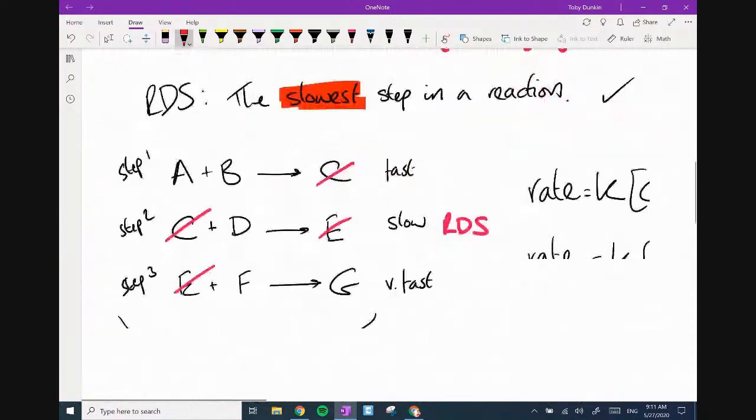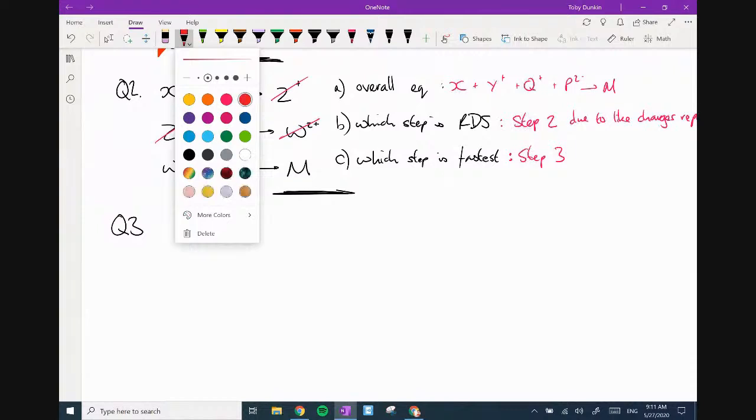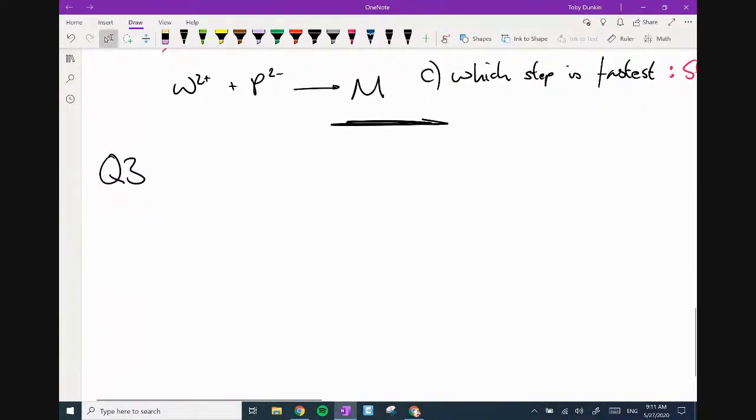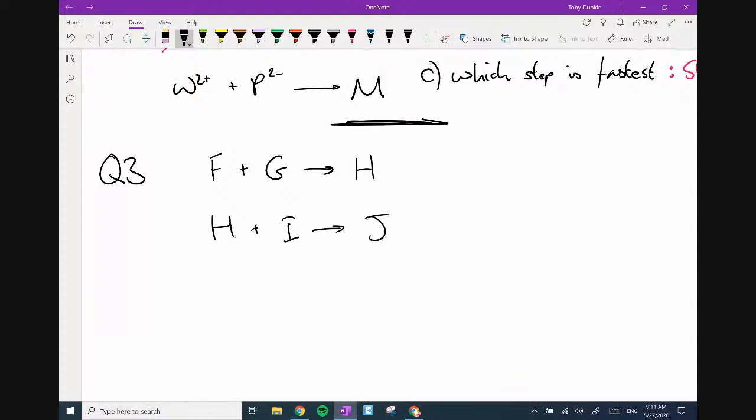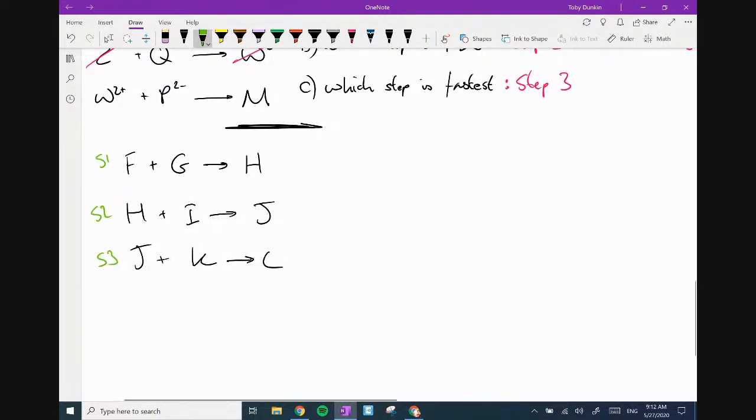Okay, so now we need to do a slightly more complicated one. We now need to go back to one that charges don't apply to. So if I now have, I don't know, F plus G goes to H, H plus I goes to J, J plus K goes to L. What they're now going to do is give you these steps, S1, S2, S3, and then tell you what the rate equation is.